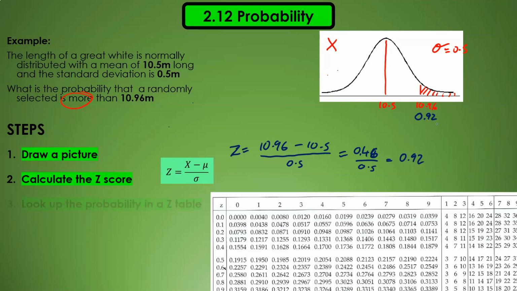So we can look at our table in step 3. First of all, 0.9 and 0.2, so they're 2 decimal points. First decimal point is 0.9, second decimal point is the 2. Then find your way across, and that leaves us with 0.3212.